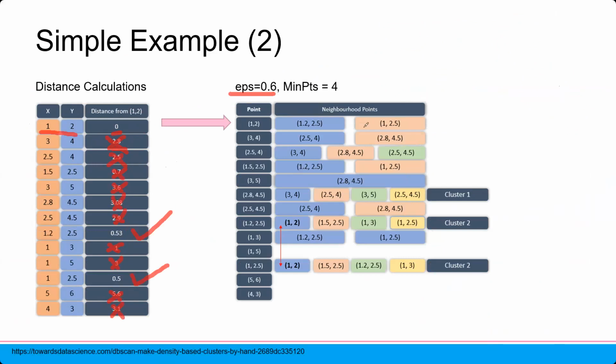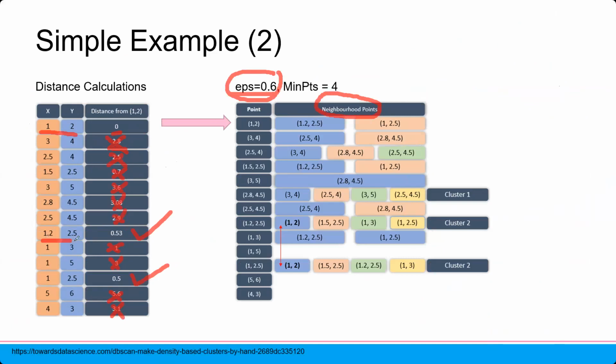Then the neighborhood points. What are neighborhood points? These are the points that are inside or less than the EPS.